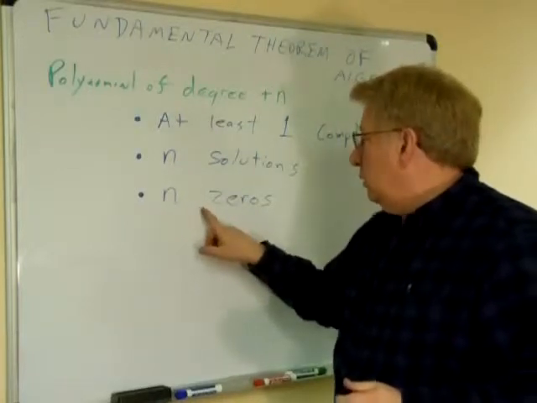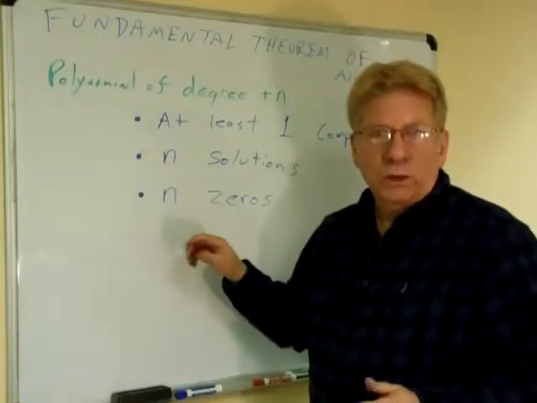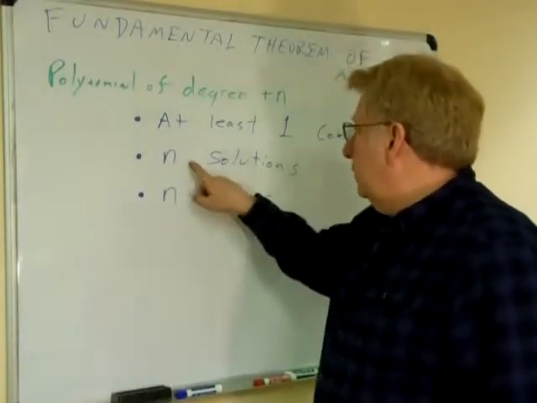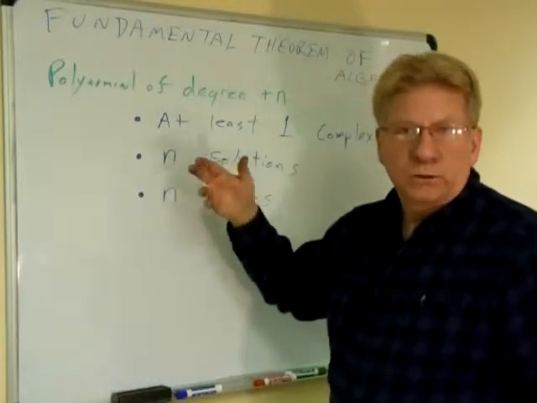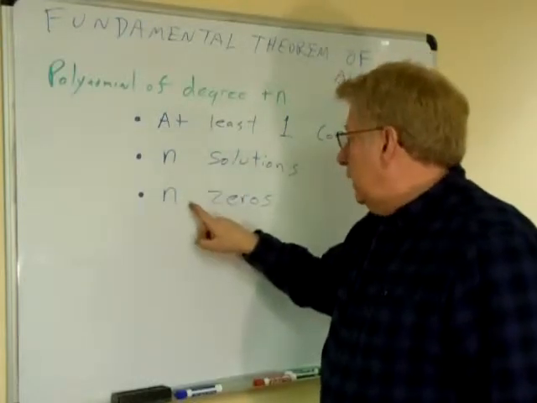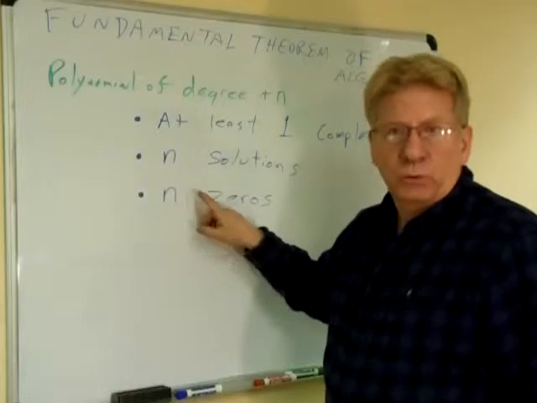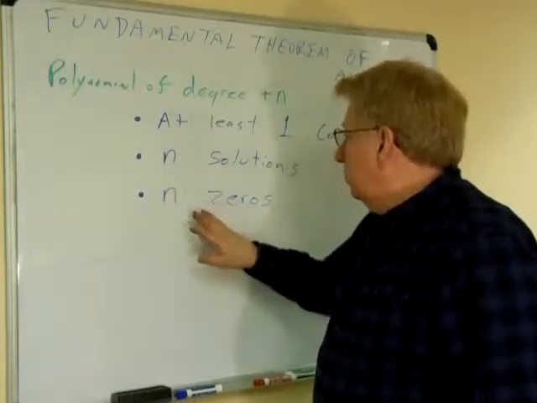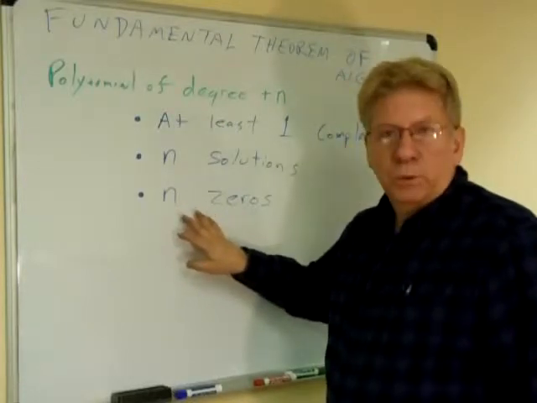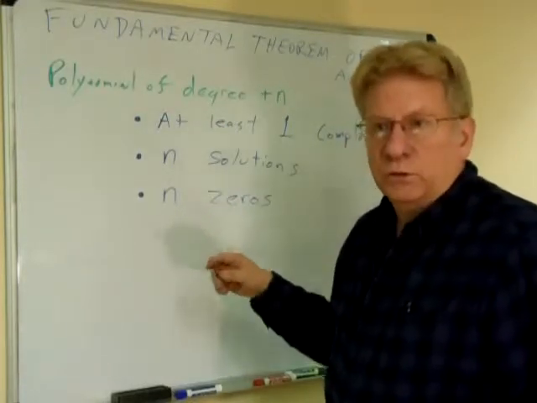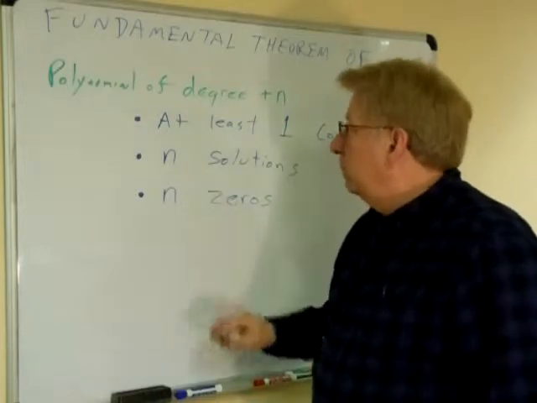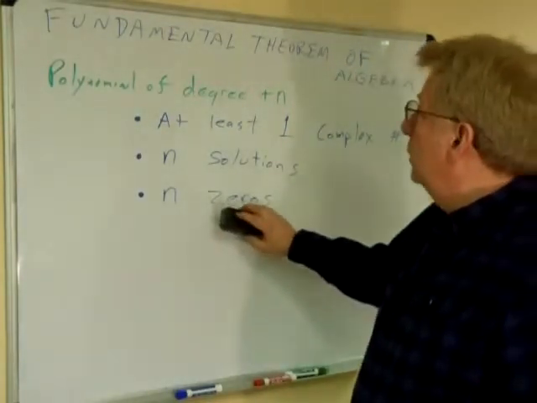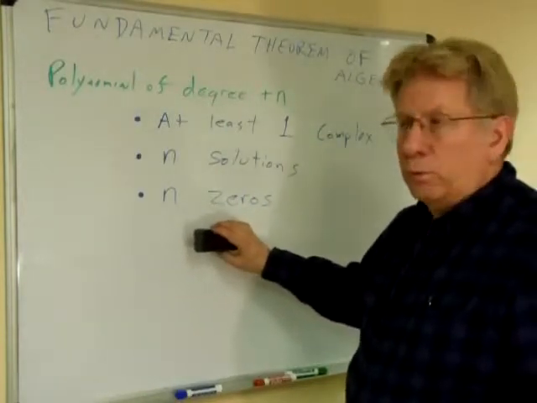And again, if you have a degree of 5, a fifth degree polynomial, you would have 5 possible solutions for f of x equals 0, and you would have 5 possible crossings of the x-intercept. But again, those could repeat themselves. It could be the same crossing. So, okay, these are the 3 basic things that make up the fundamental theorem of algebra.